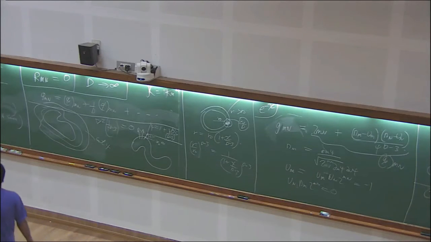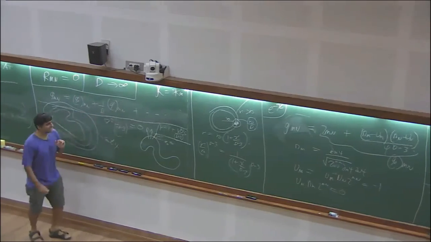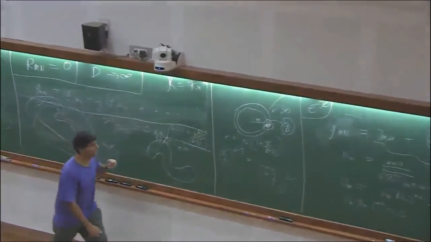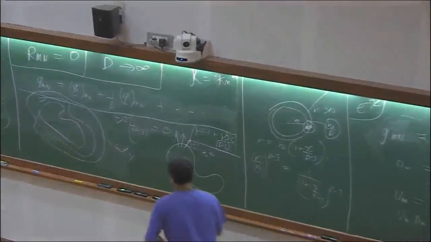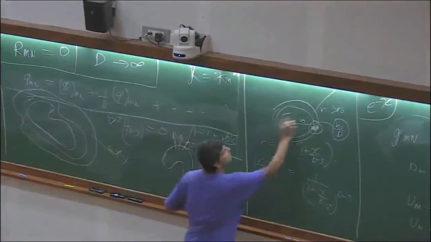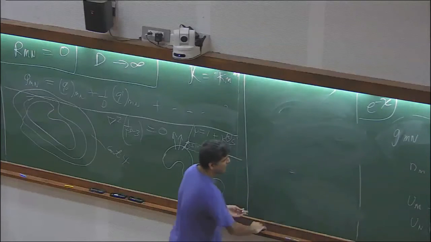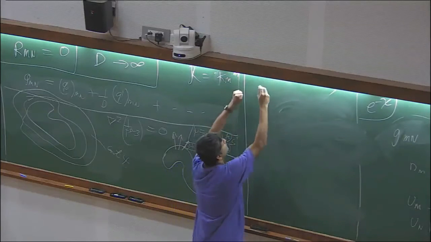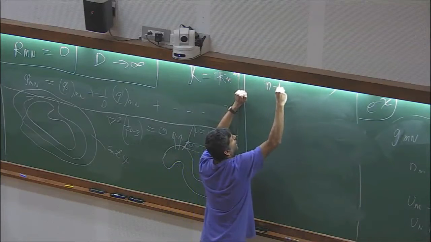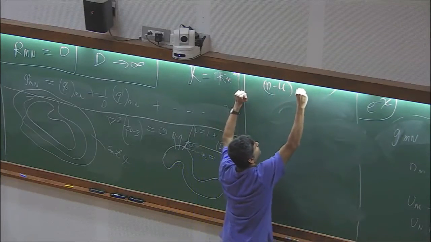Now we plug this into Einstein's equations. We also fix a gauge. Let me quickly tell you our choice of gauge. This quantity that appears a lot, n minus nm, we give it a name.